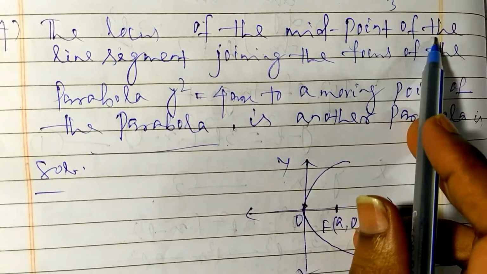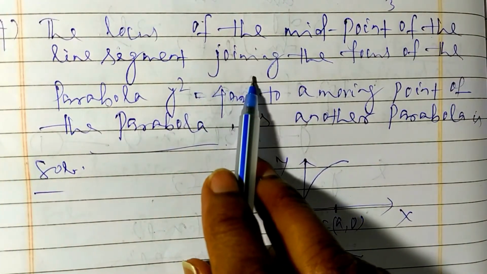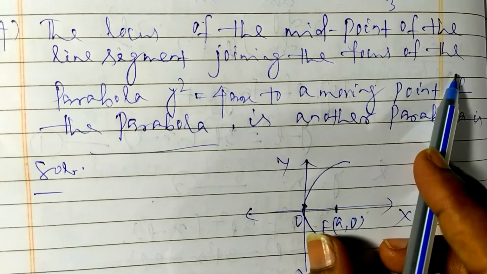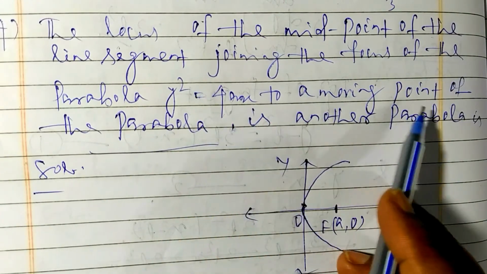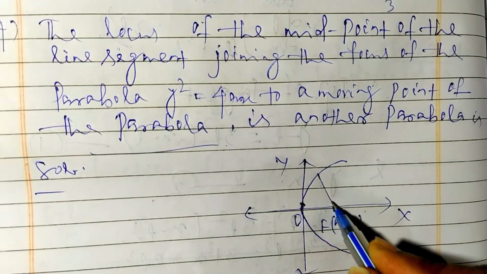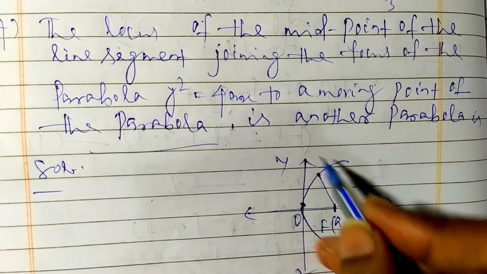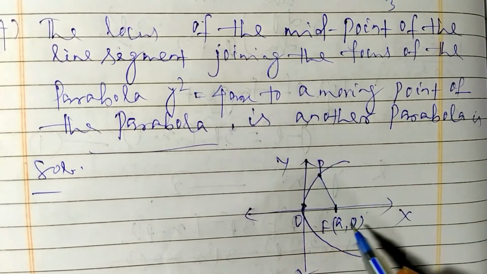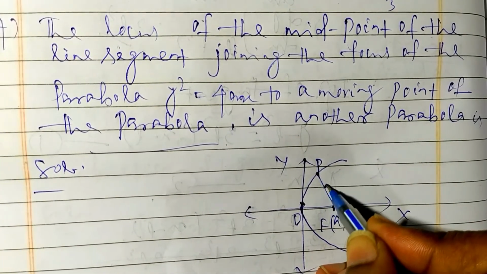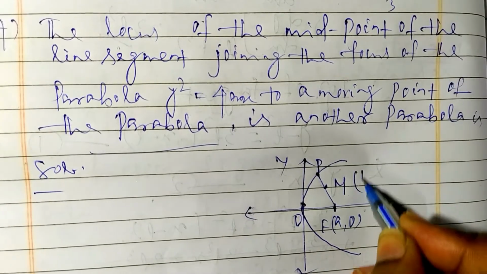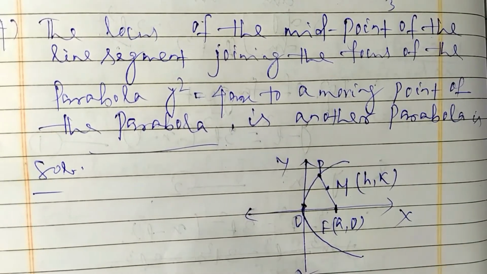The locus of the midpoint of the line segment joining the focus of the parabola to a moving point of the parabola: this is the moving point P of the parabola, then this is the focus, its midpoint is this one, that means M, whose coordinate is (h, k).